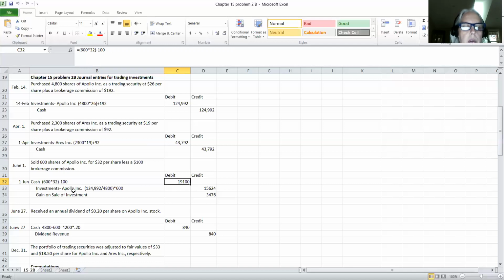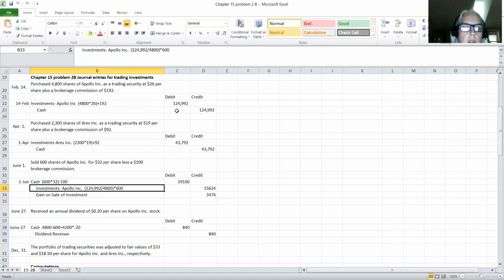Notice the investments account is credited. The investments account would be credited for the cost of the 600 shares that we sold. To find the cost of the 600 shares that we sold, we have to refer back to the February 14th transaction. We bought 4,800 shares of stock at a total price of $124,992.